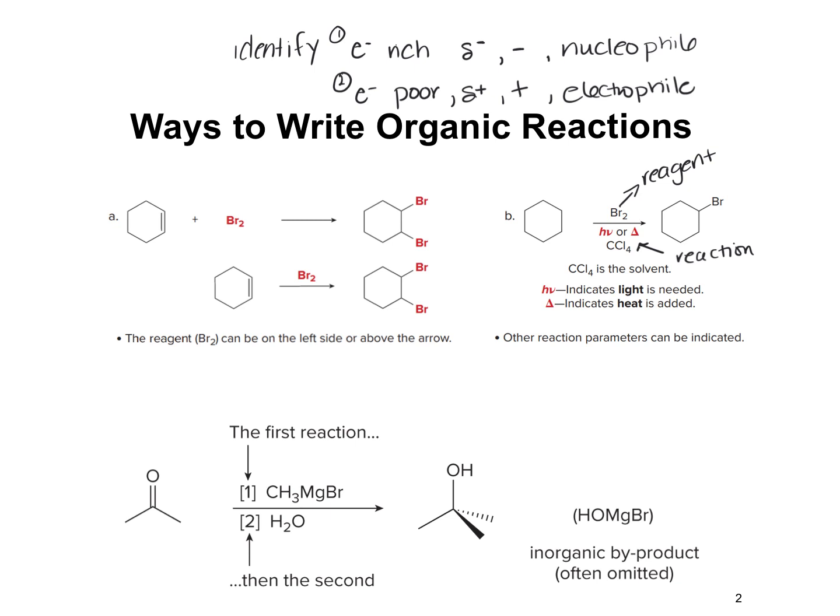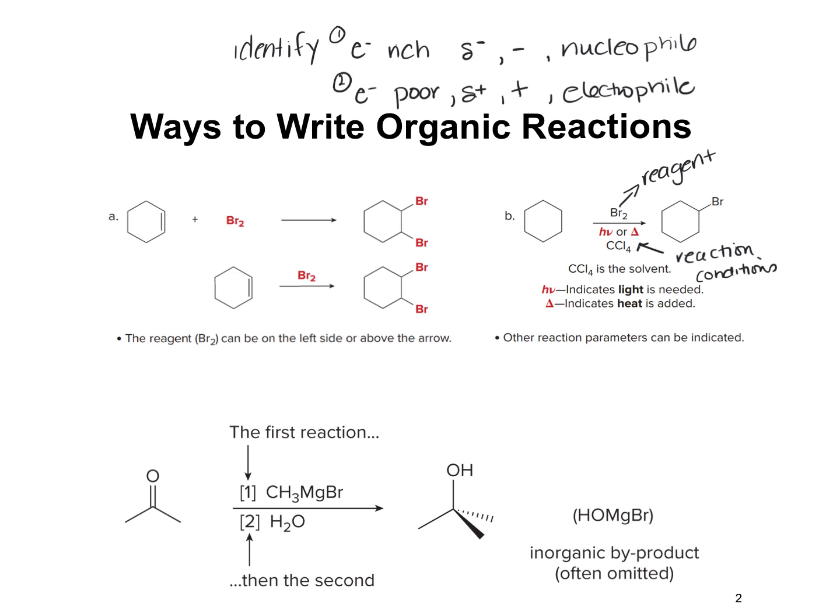The other thing that you're going to see with organic reactions are sequential reactions. If you have two sequential reactions that are carried out, you're going to see steps. For example, the first step is above the arrow and the second step is below the arrow. These are not reaction conditions.